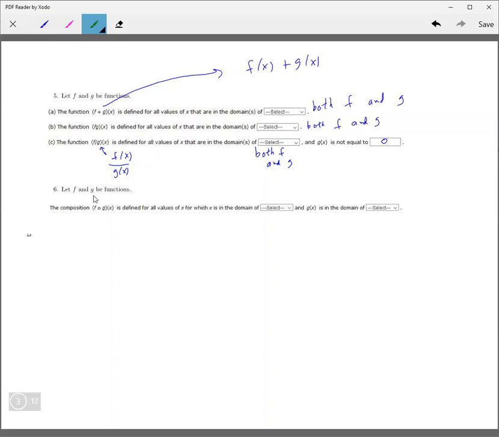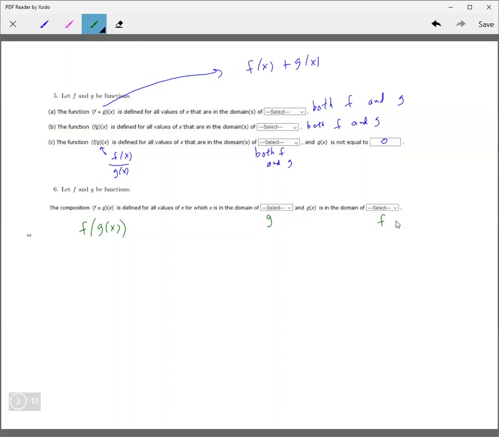Okay, number 6. Let f and g be functions. The composition, again, whenever I see that, I like to rewrite it like that, is defined for values of x for which x is in the domain of g, and g of x is in the domain of f.